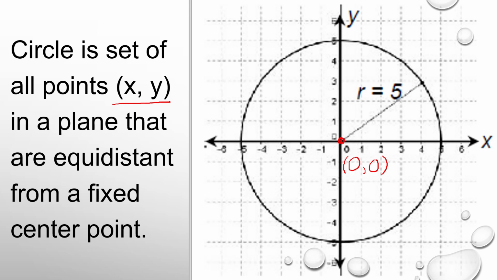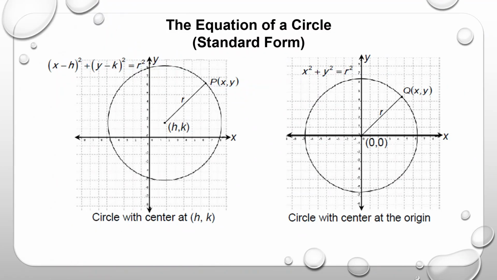Now class, in writing the equation of this particular circle, two needed parameters should be determined. First is the center of the circle, and the second one is the radius of the circle. Now, to write the equation of a circle in standard form, you have to remember first the formula.